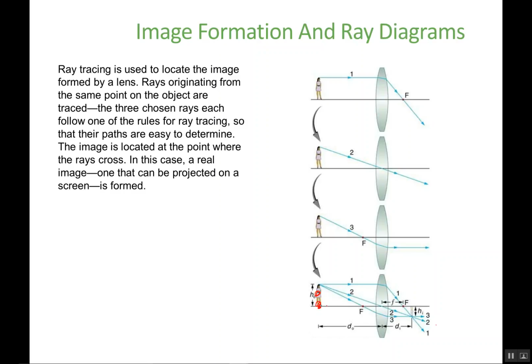Well, it turns out another special spot is the bottom of her feet, which are lined up on the optic axis. The image of the bottoms of her feet, because they're on the optic axis, will be formed on the optic axis on the far side. And 2 points is essentially all the information you need to know the location of where that image is going to be formed, right there.